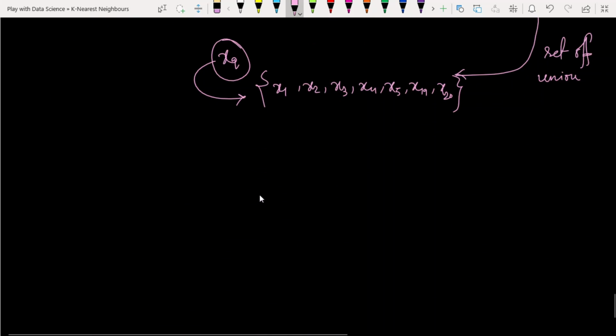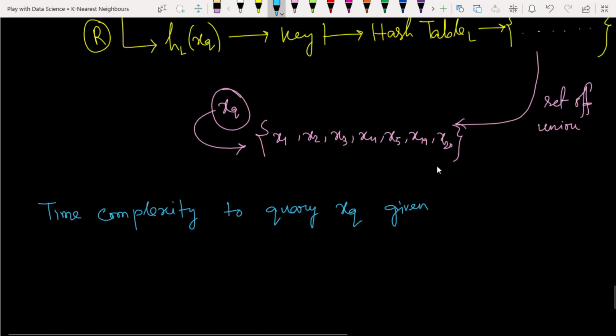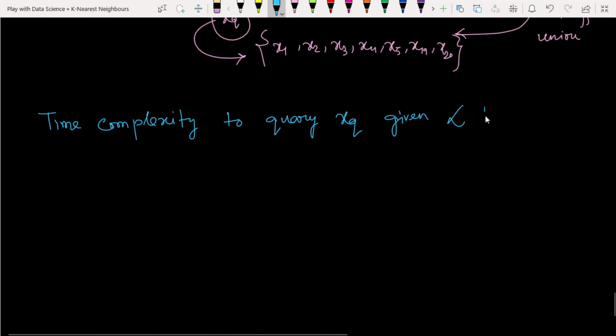Now, what is the time complexity for these cases? The time complexity for a query point xq, for a given L hash tables. We have calculated L hash tables.